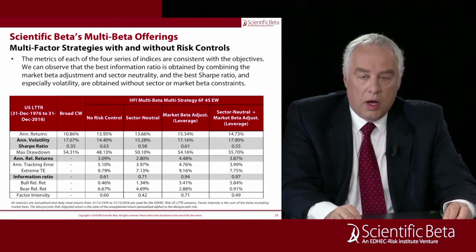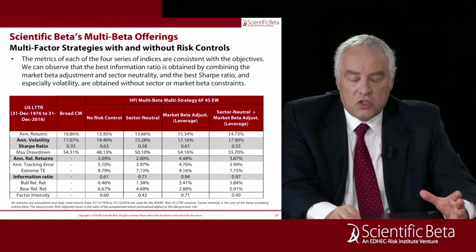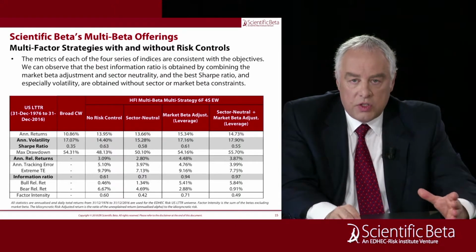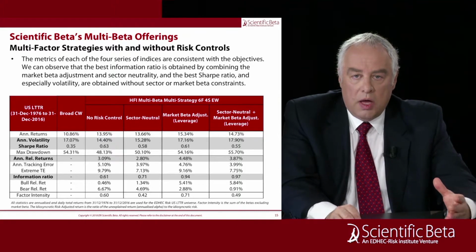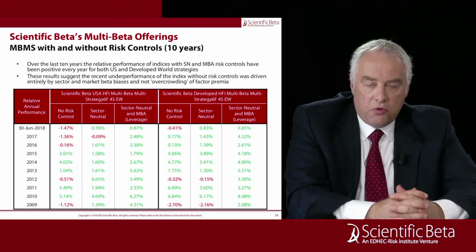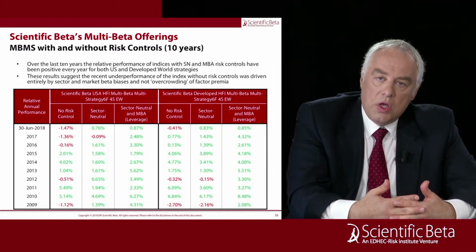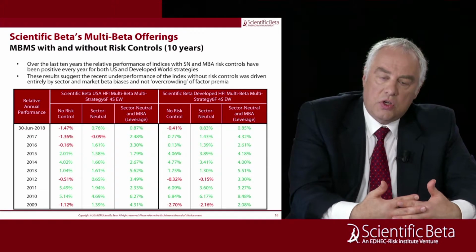It's also worth looking at how that impacts short-term performance, because these risk controls, as I said earlier, will impact short-term performance. So we also look at shorter-term performance over the last 10 years by looking at annual performances using these risk controls.